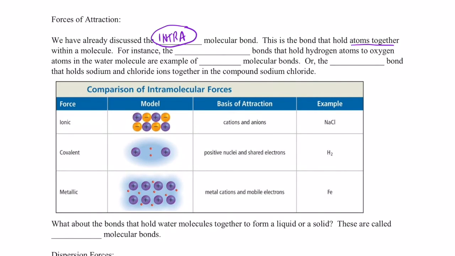So, for instance, the covalent bonds that hold hydrogen atoms to oxygen atoms in the water molecule are an example of intramolecular bonds. Or the ionic bond that holds sodium and chlorine ions together in the compound sodium chloride are also intramolecular bonds.